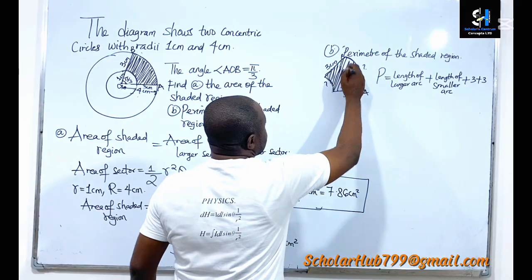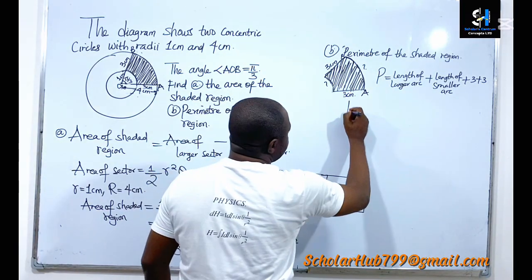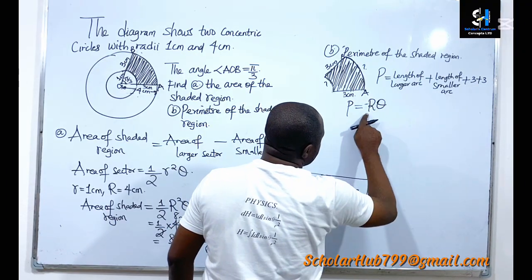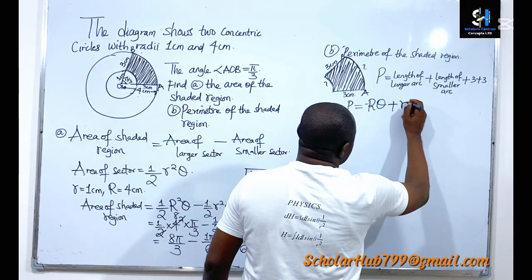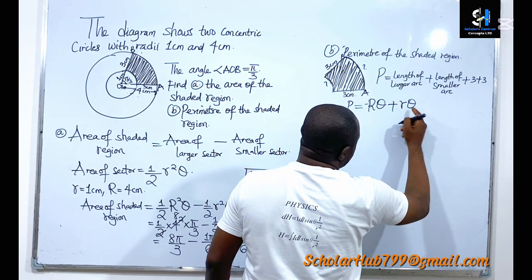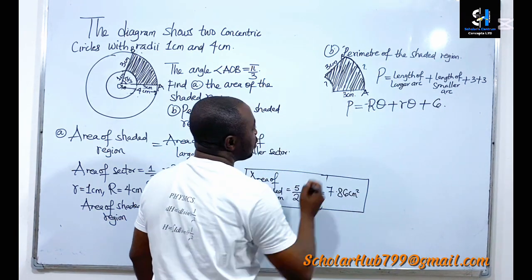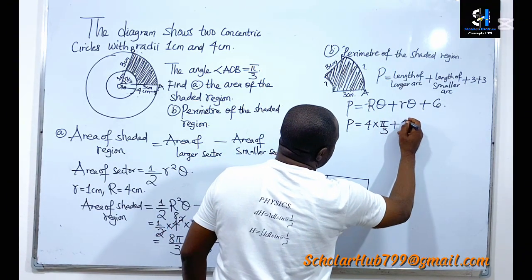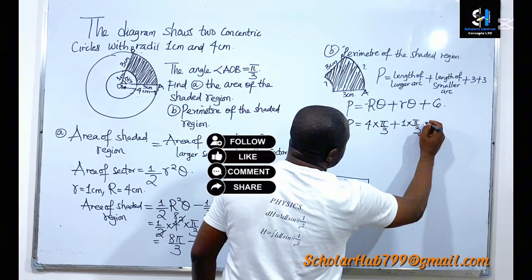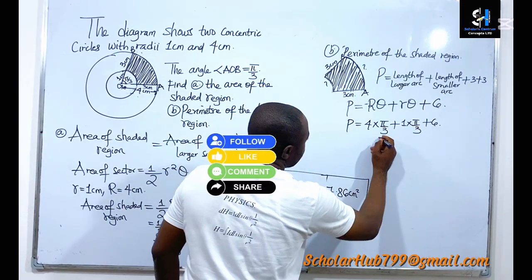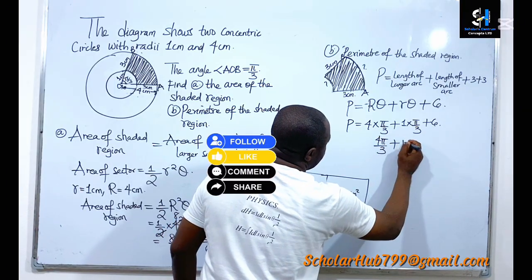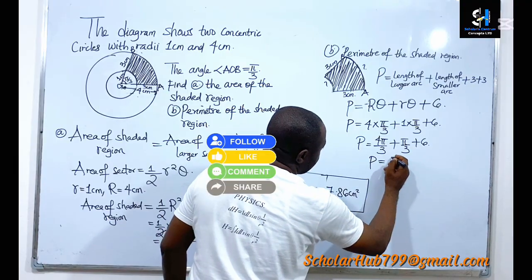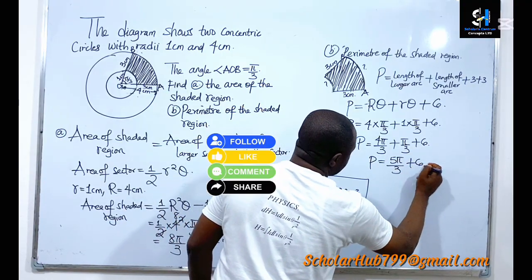So P will be equal to, for the larger arc, the length of the arc, r theta, then for the smaller arc, lowercase r times the central angle, plus 6. So the perimeter will be 4 times pi over 3 plus 1 multiplied by pi over 3, plus 6. So this will be 4 pi over 3 plus pi over 3 plus 6, which equals the perimeter. So this will be 5 pi over 3 plus 6.